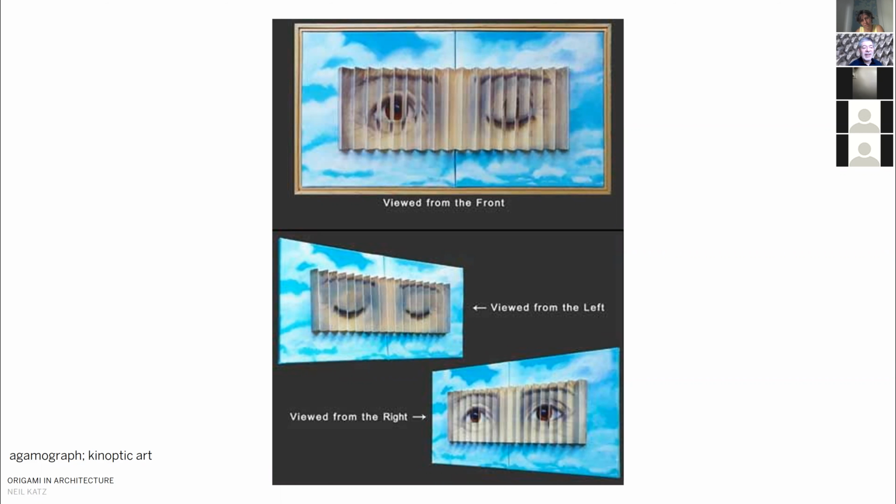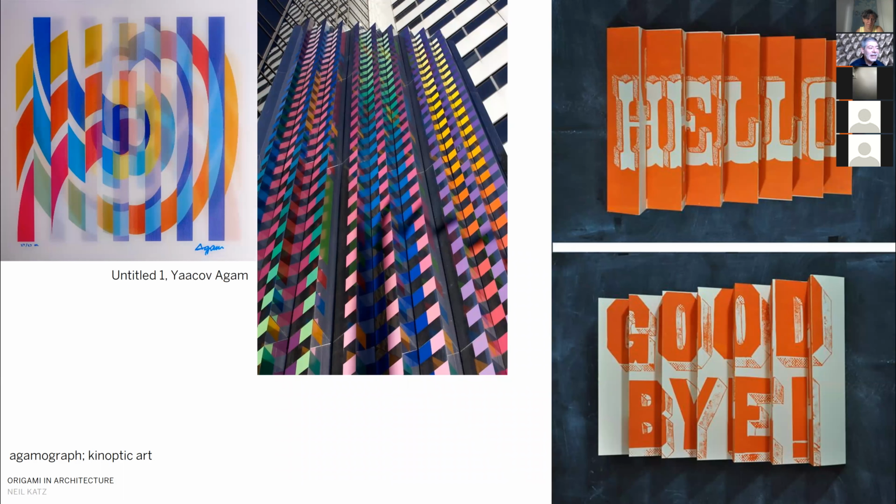Then as you move around and look at it from the other side, you can see the other image. So using origami, you can call this sculptural, I guess, mixing of photography and sculpture and origami. And there's an artist, Yaacov Agam, who's an Israeli artist, that actually explores this quite extensively.